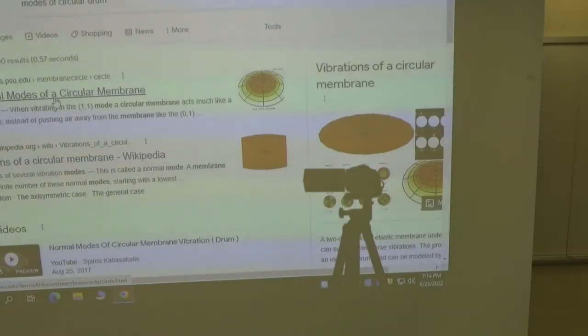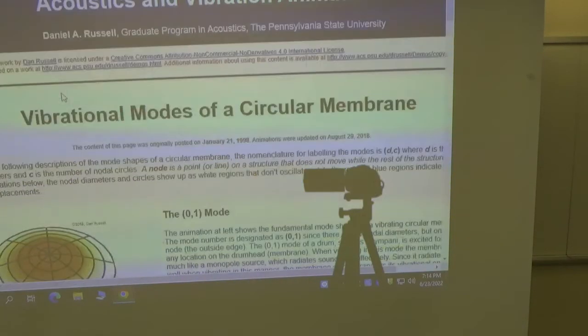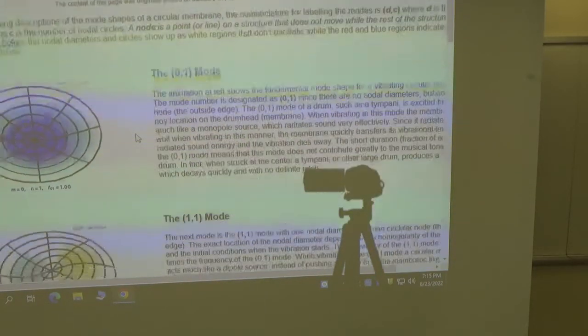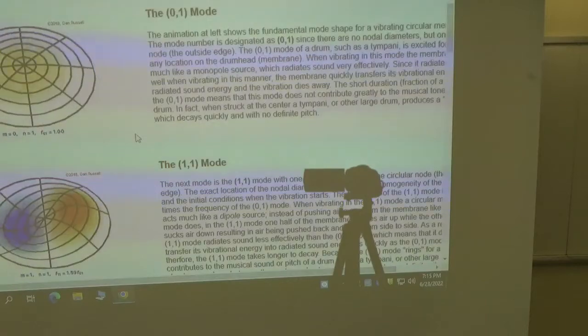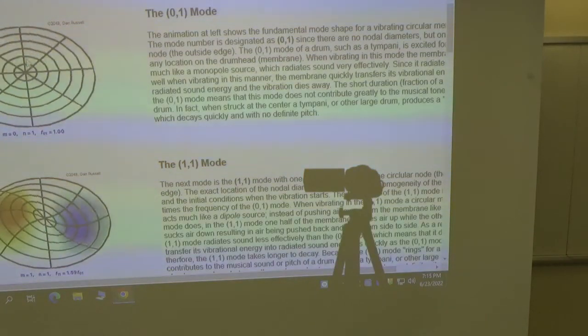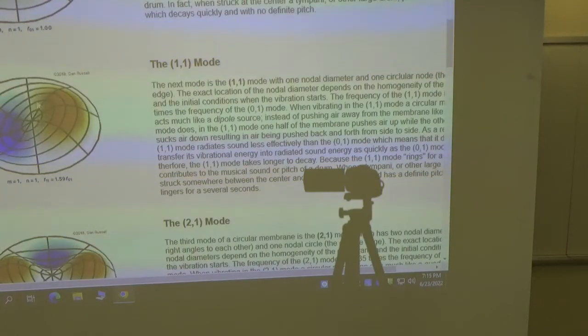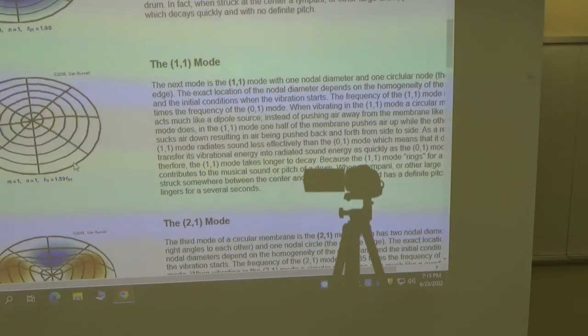Okay, so I found this nice website by Daniel Russell, which gives you the vibrational modes of a circular membrane. And these are the pictures I was talking about. The 0-1 mode vibrates like this, and the 1-1 mode vibrates like this.